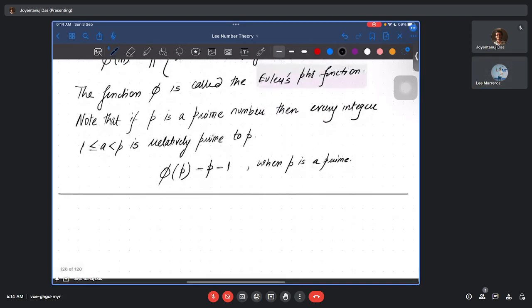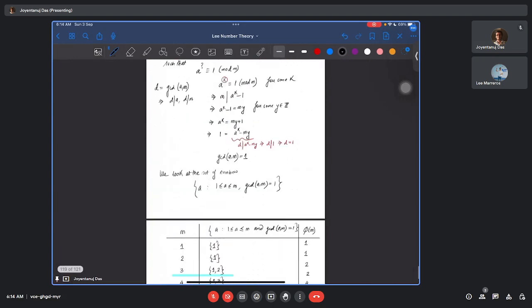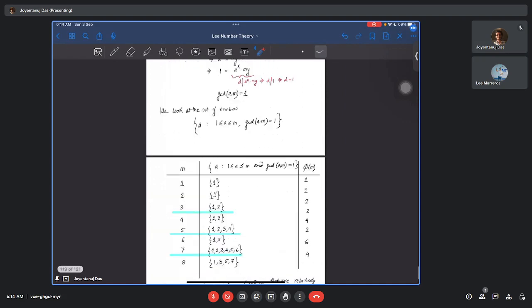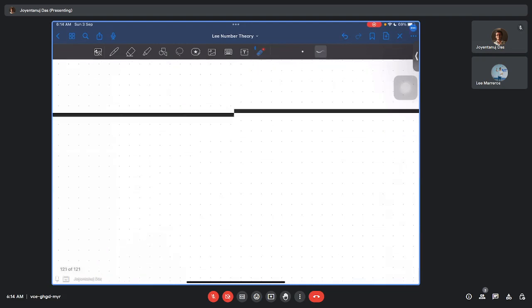Now let us see the first question that we asked: what number can we find, depending upon m, such that a to that power is congruent to 1 mod m. Let us try to find that for a number.